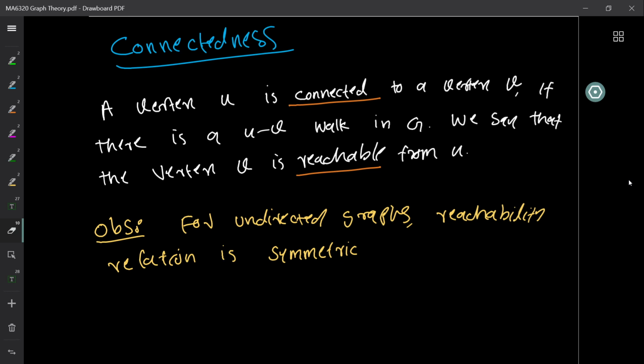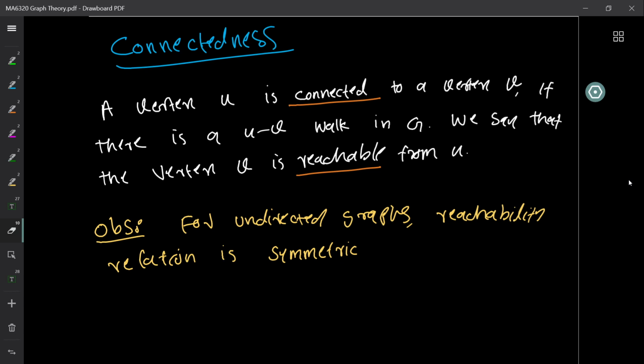Now, since we are talking about undirected graphs, it is immediate that if V is reachable from U, then U is also reachable from V. So the reachability relation is basically symmetric for undirected graphs.